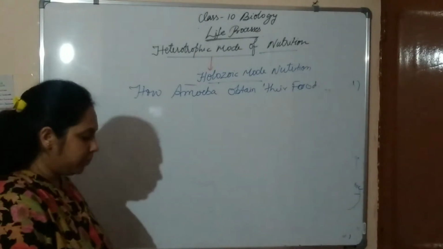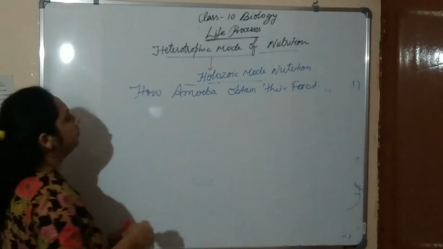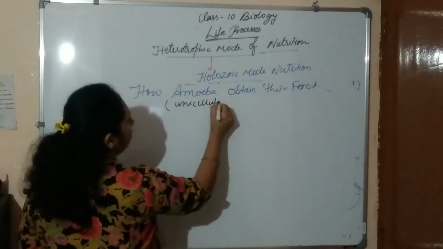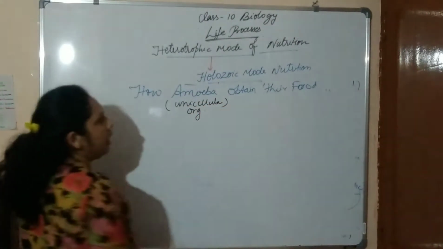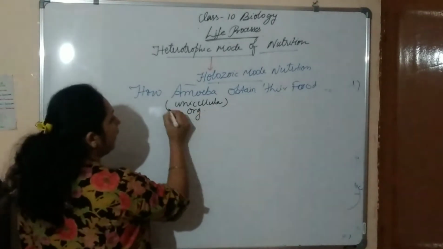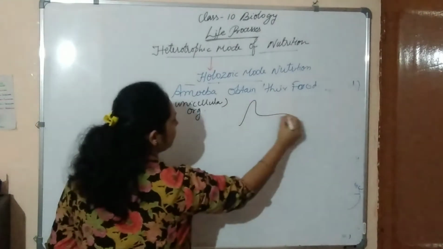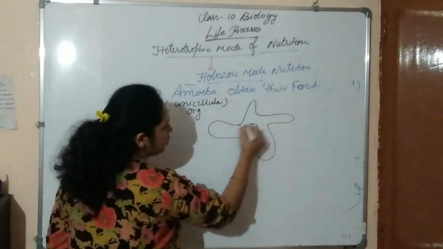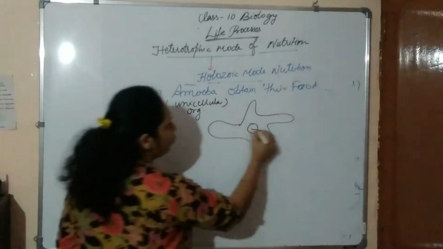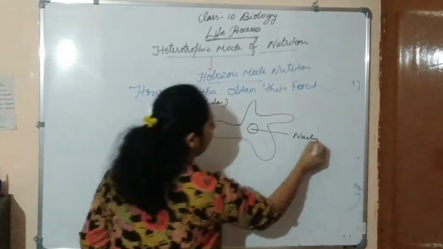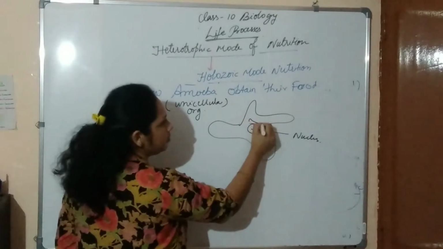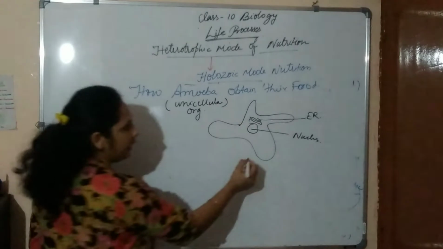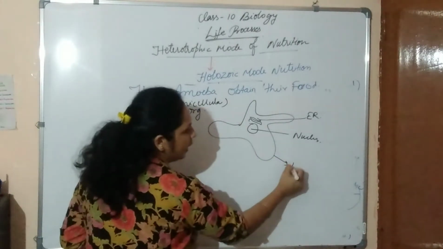So we know that amoeba is a unicellular organism, and the structure is irregular, in which there is a presence of a nucleus. This is your nucleus. They have endoplasmic reticulum, and this is the plasma membrane.